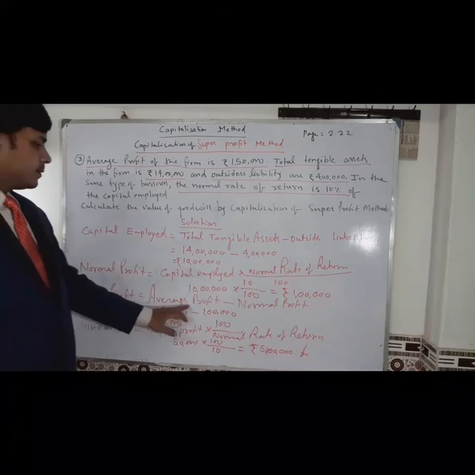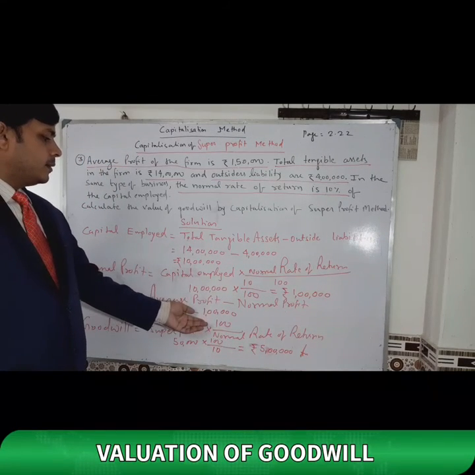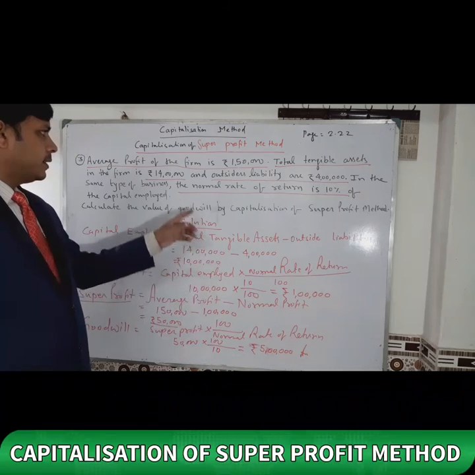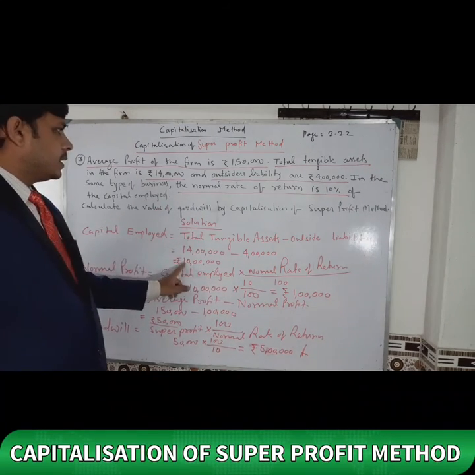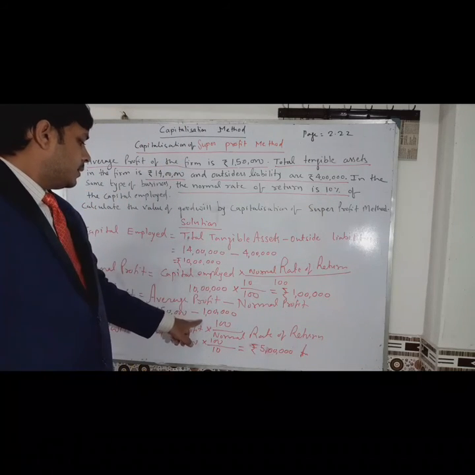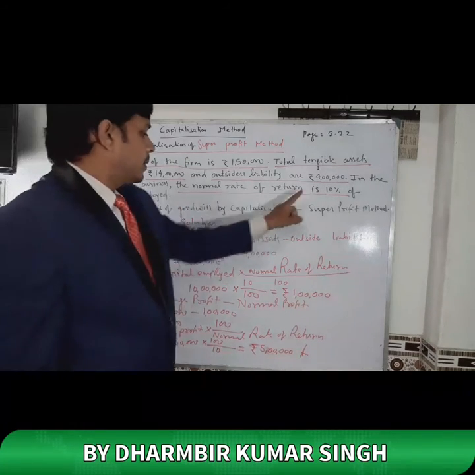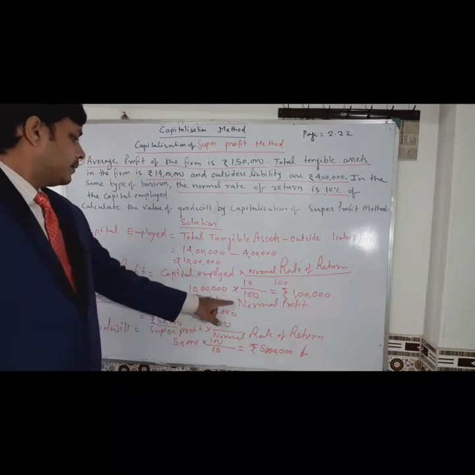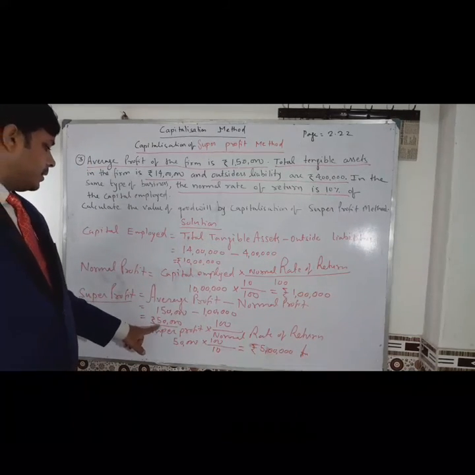Super profit is average profit minus normal profit: 1,50,000 minus 1 lakh is equal to 50,000.